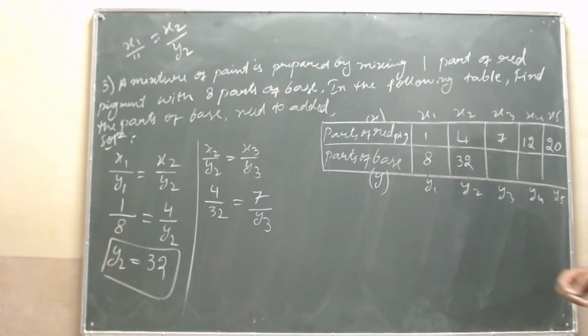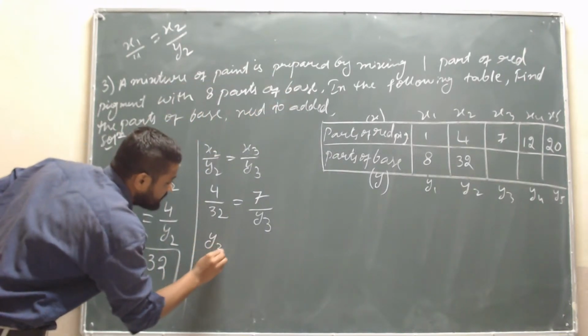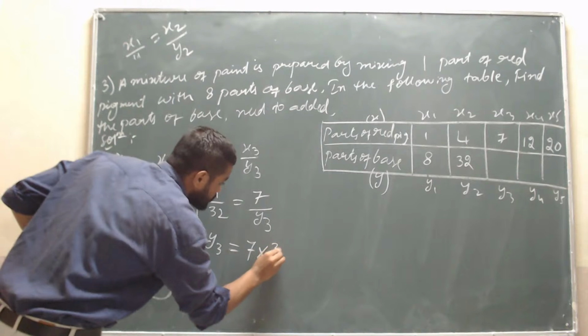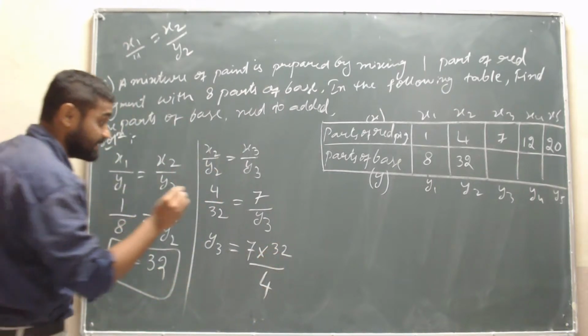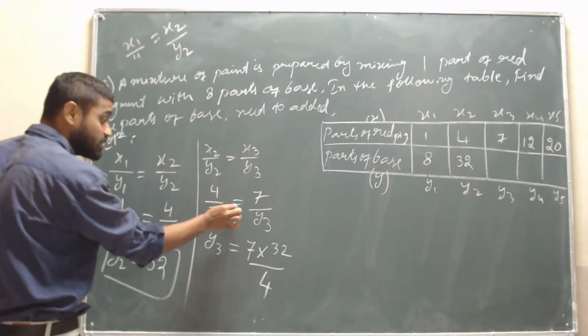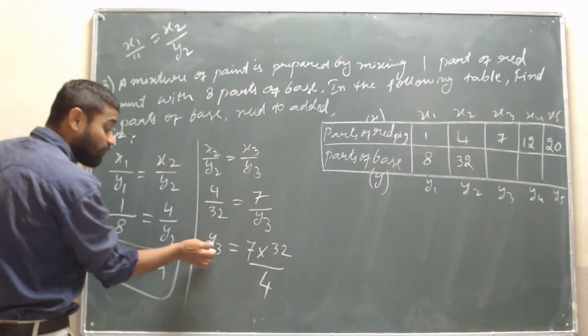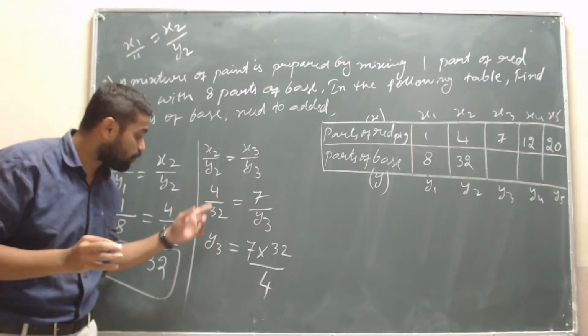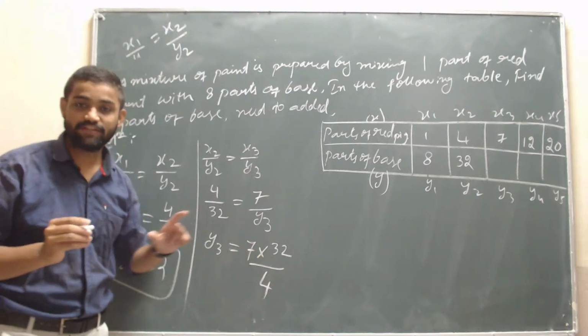Then cross multiply. Y3 is equal to 7 into 32 divided by 4. Directly see here, Y3 into 4 is equal to 7 into 32. Then Y3 is equal to, where the 4 is transposed by the transposition method and it becomes divided.